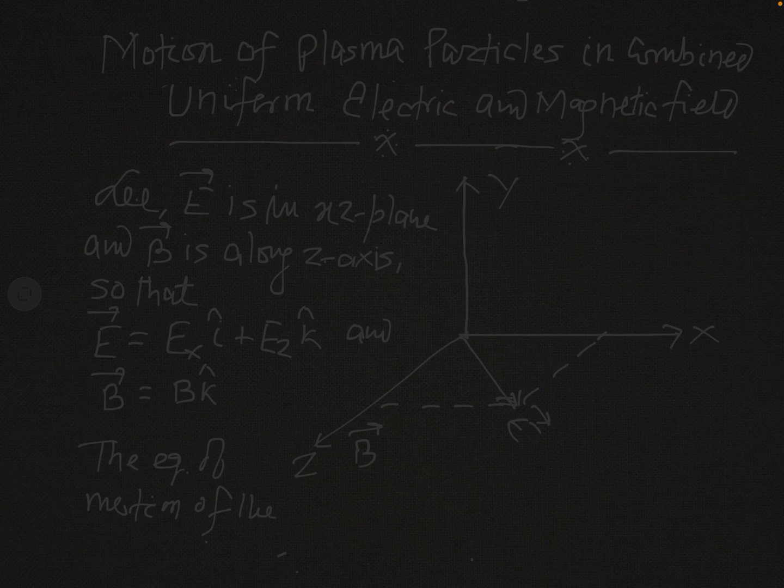If we assume that the mass of the particle is m and its charge is q, then the force acting on the particle is simply the Lorentz force, so the equation of motion will be m dv by dt, where dv by dt is the acceleration, equal to the force acting on the particle.